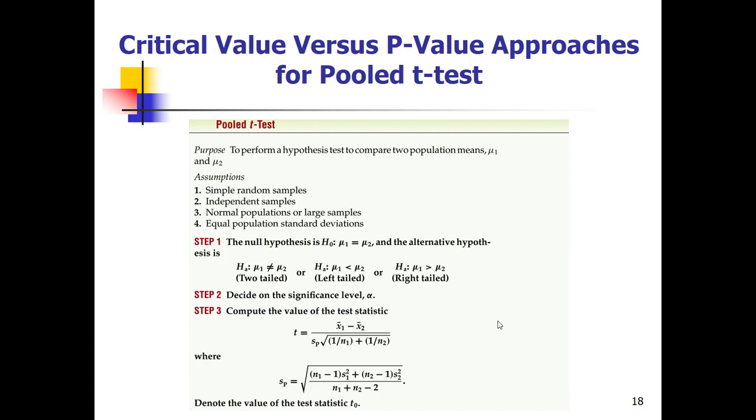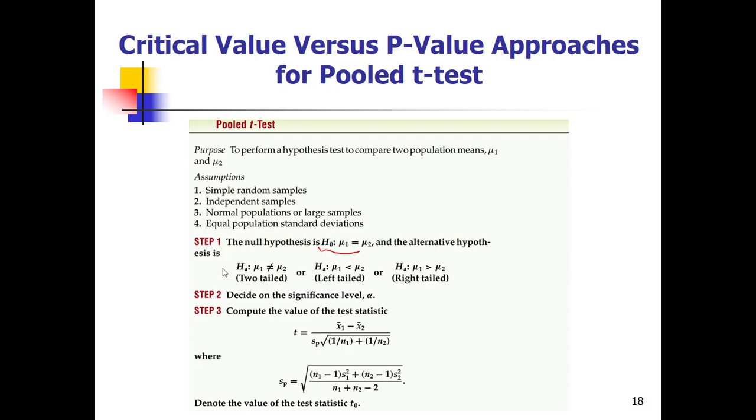So in these two slides we just compare the pooled t-test with the pooled t-test with the p-value approach. The steps are the same. Totally we have 6 steps. The first steps are the same. We have some assumptions. We define our null hypothesis.